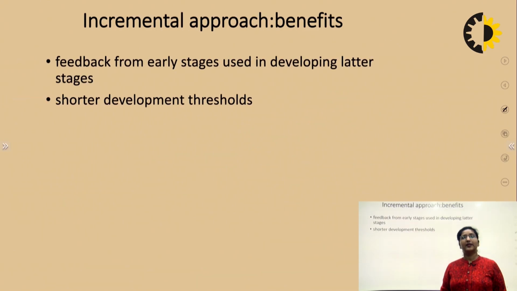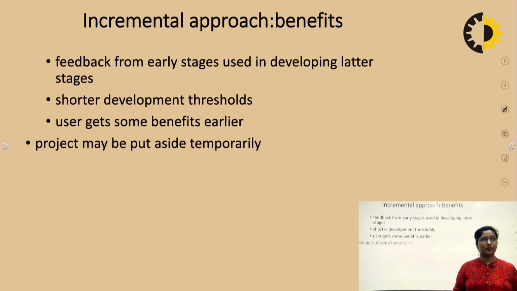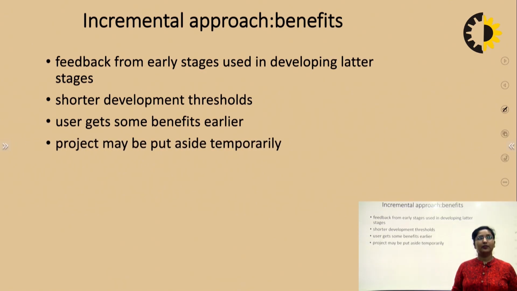Now, what are the various benefits of this incremental approach? Feedback from the earlier stages is used in developing later stages. So, if we faced any issue in the previous stage, then that can easily be resolved in the later stages. There are shorter development thresholds, and the user may get benefits earlier because module by module delivery is there.